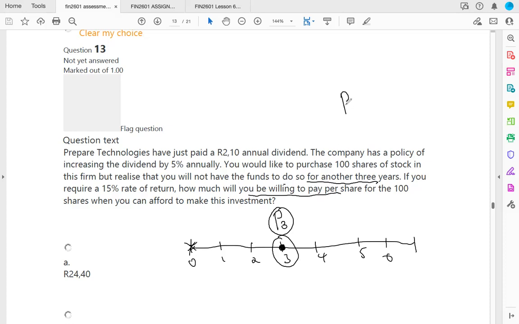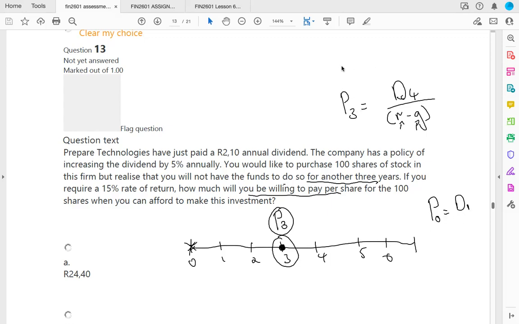And to determine the price of the share at time 3, we need to take the dividend at time 4 divided by our required return minus the growth rate. Remember, our formula says if we want the price at time 0, we take the dividend at time 1 divided by R minus G, right? So the same will apply if we're at time 3.